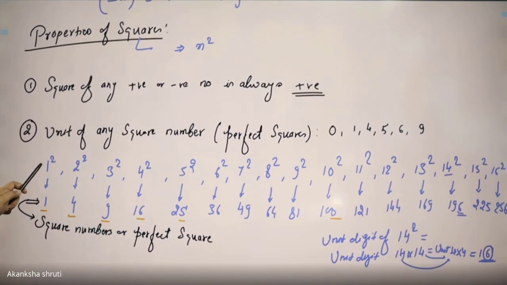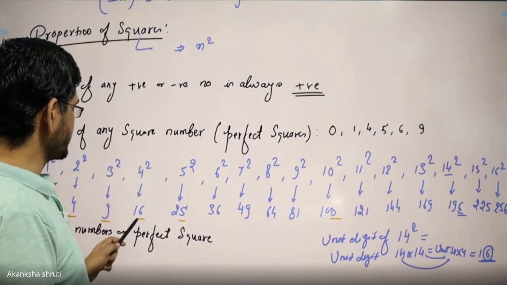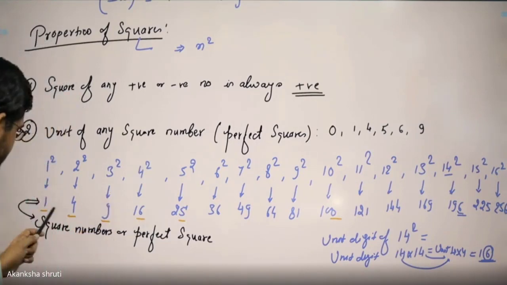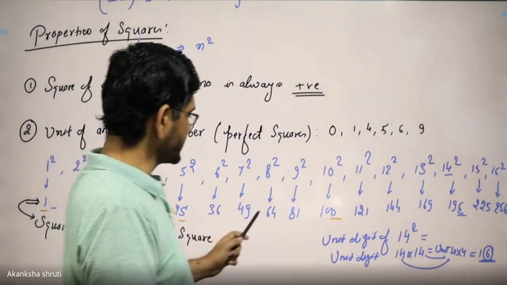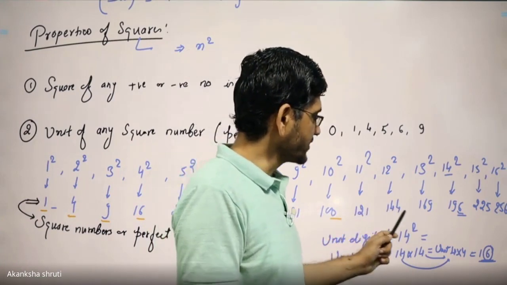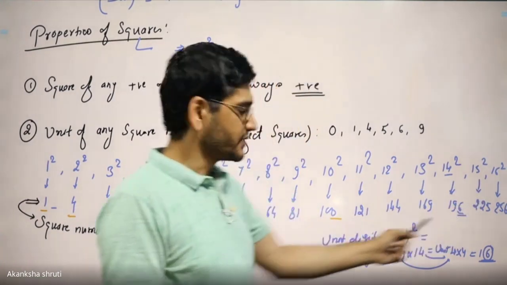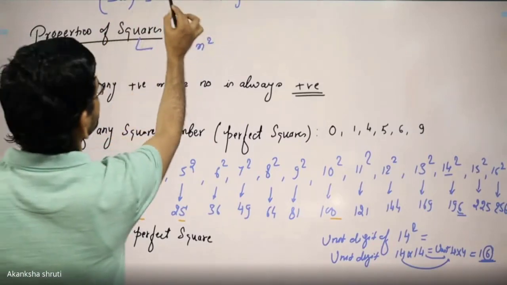Students, squaring 1 we get 1, squaring 2 we get 4, squaring 3 we get 9, squaring 4 we get 16. So whatever numbers we are getting, 1, 4, 9, 16, 25, 36, 49, 64, 81, 100, 121, 144, 169 and so on, these are the square numbers or perfect squares.